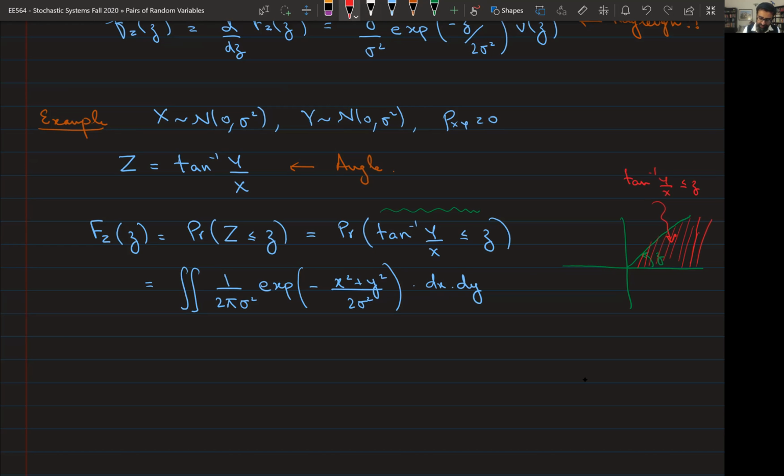And of course, when I say less than, I'm assuming that the angle is always between 0 and z. Okay, so I'm considering angles between 0 and 2 pi. So this is 0 is less than or equal to tan inverse y by x is less than or equal to z. Okay. The more important question is, how do I evaluate this integral?